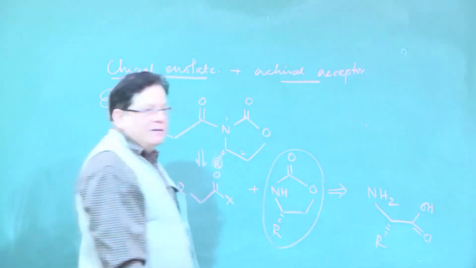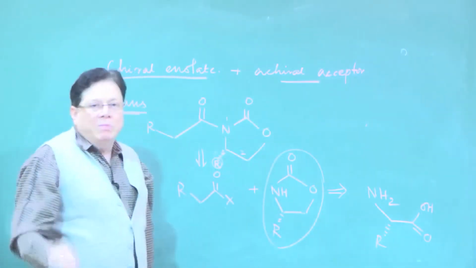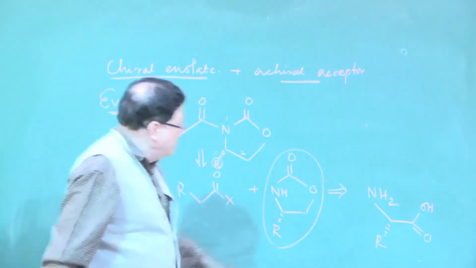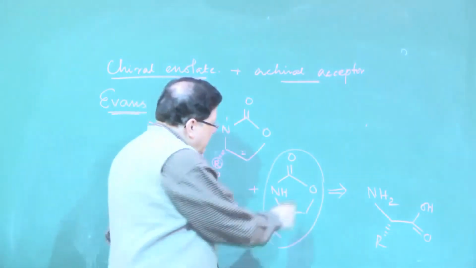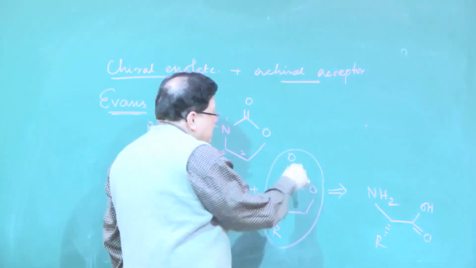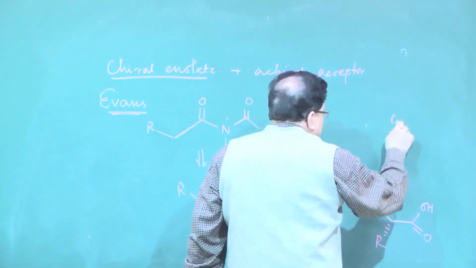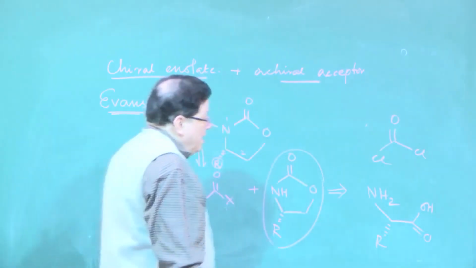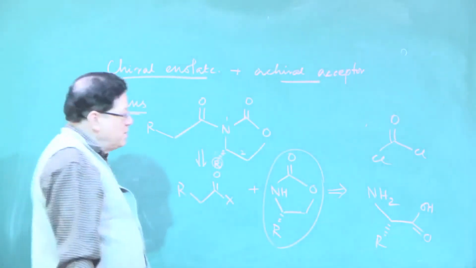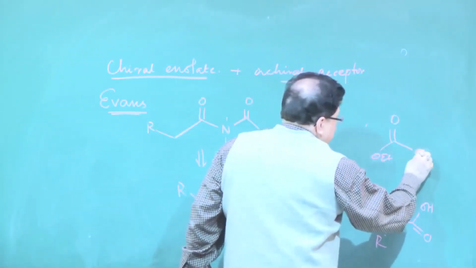See, this is the amino acid. If you reduce the acid by diborane, say borane THF, in one step you can reduce it to the alcohol, and then this amino alcohol can be reacted with a carbonyl compound like COCl2, this is your phosgene, that is possible, or you can react that with diethyl carbonate.